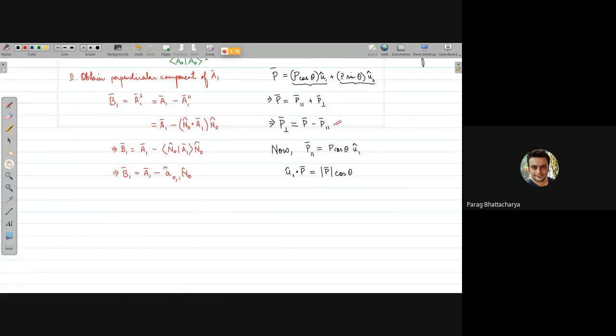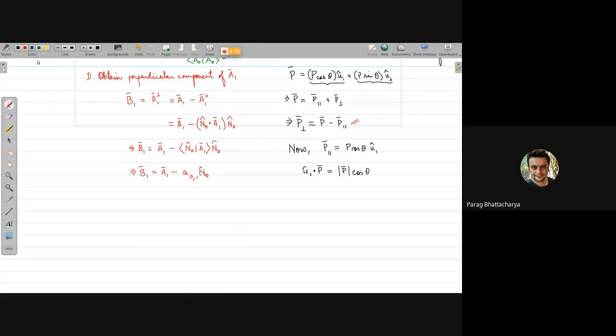So now, the third step is just to verify that n naught cap is perpendicular to b1.